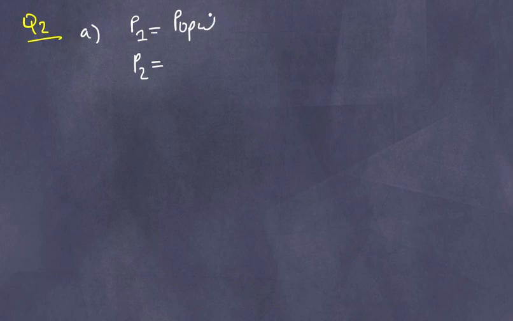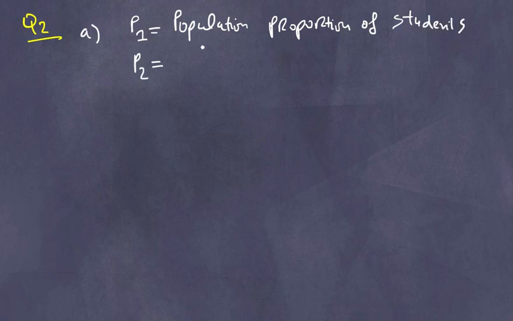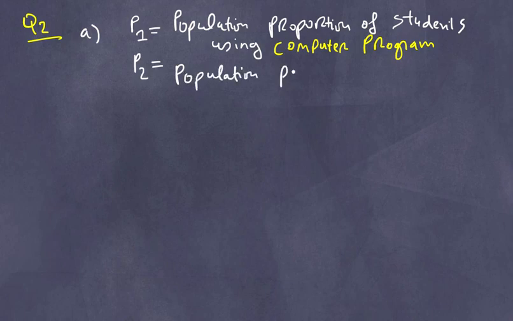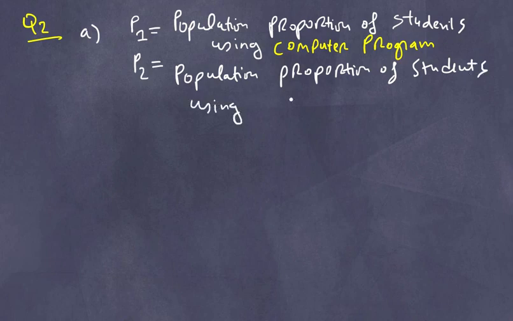P1 is the population proportion of students using the computer program, and P2 is the population proportion of students using the traditional setting.